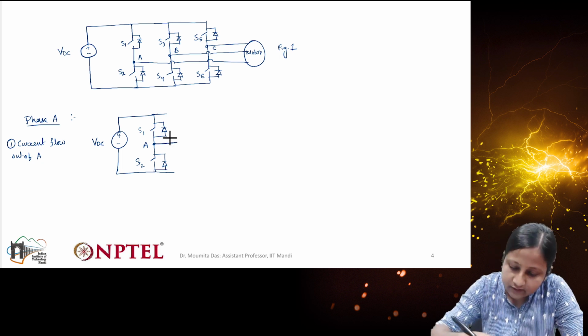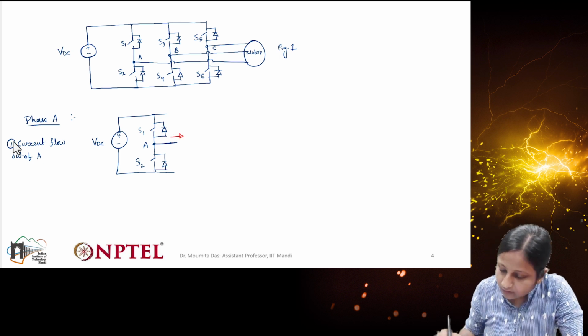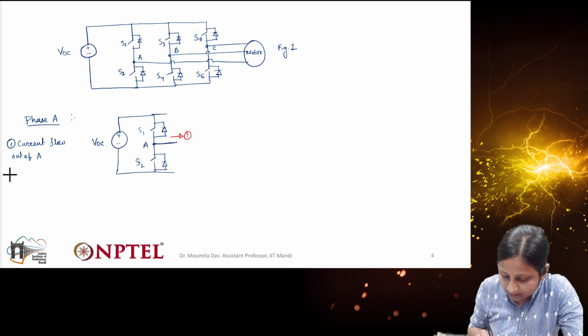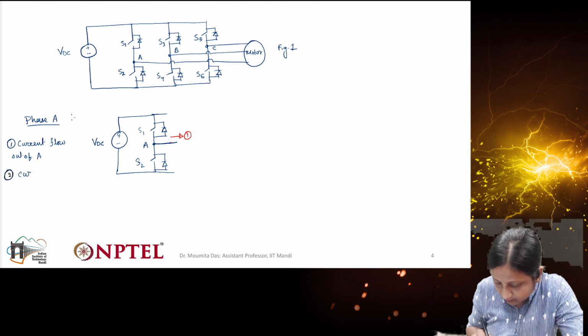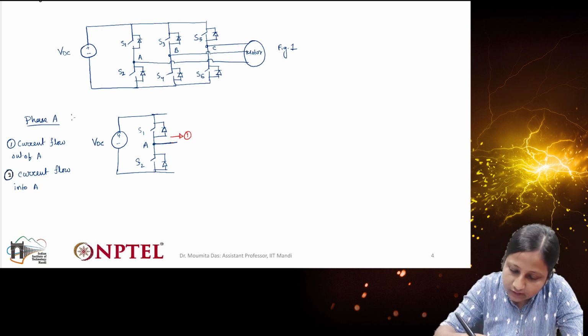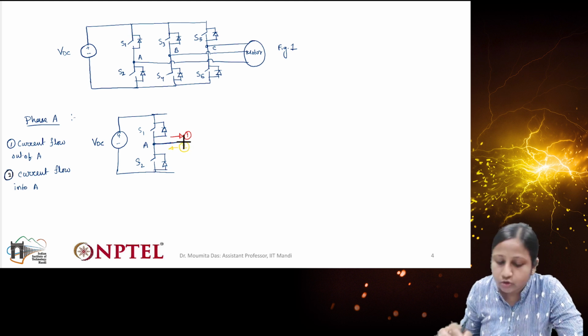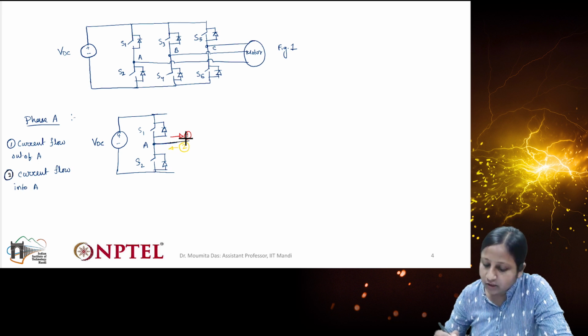So then if I try to represent this in different color, so one can be current flowing out of A, which I am representing as 1, and the second one can be current flowing into A. So there can be two different scenarios, and in these two scenarios the switches involved in the commutation process will also be different.